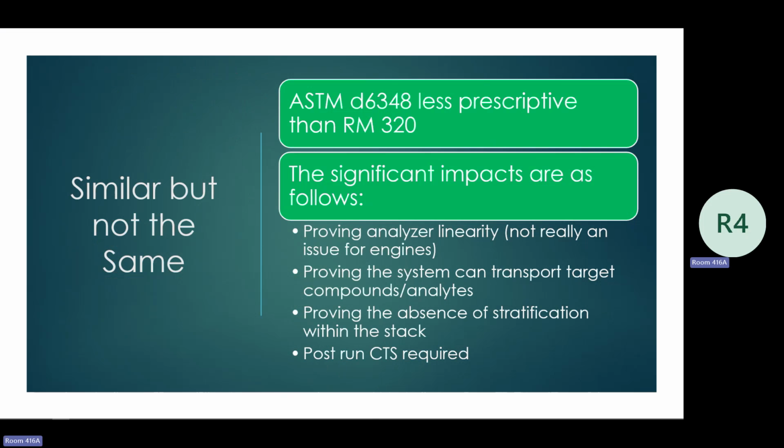Some of the significant impacts under the new proposed Method 320 is that you'll have additional requirements to show analyzer linearity. And if you sat in Robert's presentation just a few minutes ago, the FTIR is inherently a linear technology. You don't have to do a 3-point calibration on an analyzer.